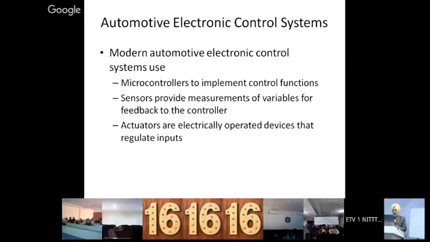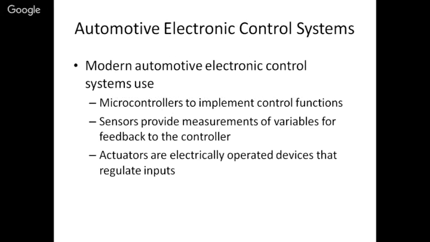In automotive control systems, modern automobiles use a number of components for control. Number one is microcontrollers to implement control functions. Then sensors, which provide measurement of variables for feedback to the controller. And the actuators, which are electrically operated devices which regulate the inputs.